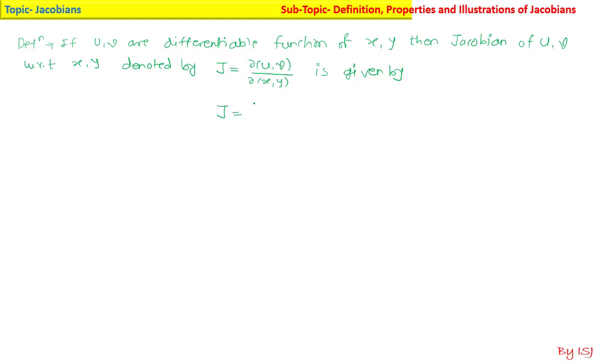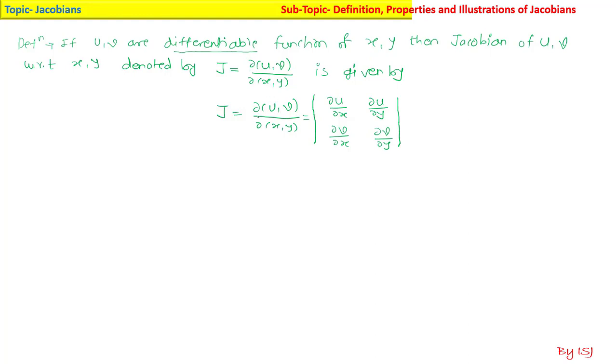J is equal to ∂(u,v)/∂(x,y). It is a 2 by 2 determinant: ∂u/∂x, ∂u/∂y, ∂v/∂x, and ∂v/∂y. As you can see, the determinant has derivatives, so this condition of differentiability is important: u and v must be differentiable, and the derivatives must exist with respect to x and y.